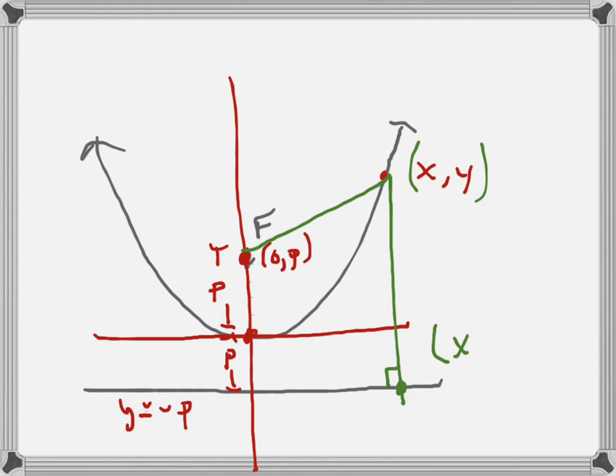The x value is the same x value as above, because the shortest distance between a point and a line is perpendicular to the line. But the y value on here is negative p, because it's on the negative p line. So I'm going to use the distance formula here to show you how we get the equation of a parabola and why this number p here is going to be important, the distance between the vertex and the focus or the directrix.